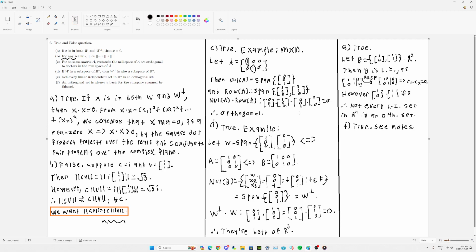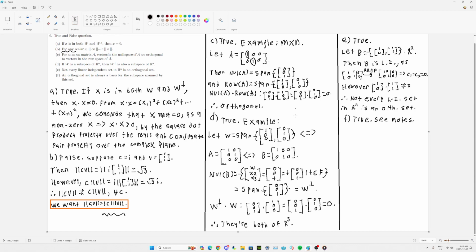D. If W is a subspace of Rn, then the complement of W is also a subspace of Rn. So this is true. I gave an example once again. Let W equal the span of (1, 0, 0), (0, 1, 0). I just like this piece. Well, that implies if we store a matrix like this, A equals first vector, second vector.